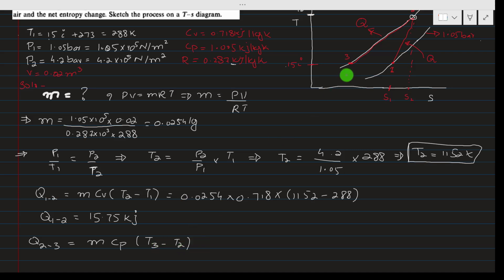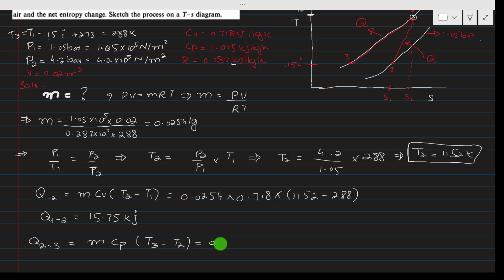The value of T3 is 15 centigrade, because the cooling takes place till the gas comes to its original temperature, that is 15 centigrade. So the temperatures T1 and T3 are the same, as given in the statement.